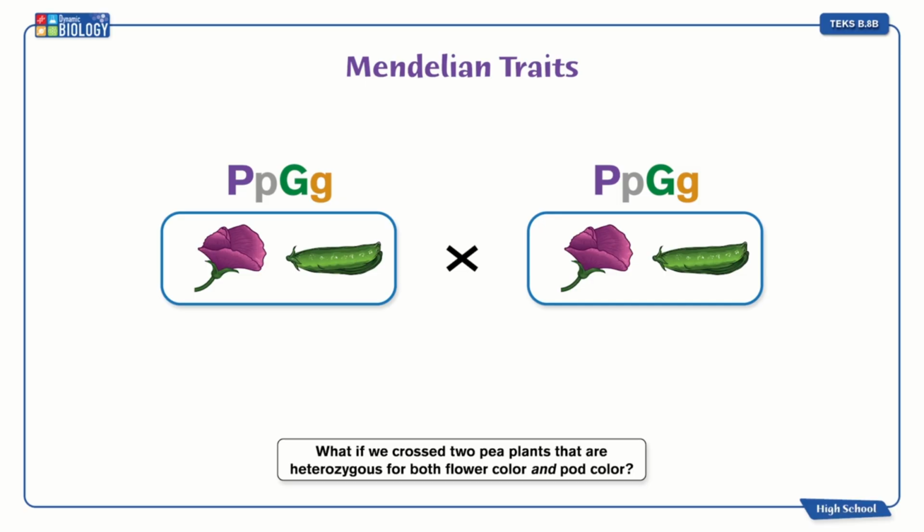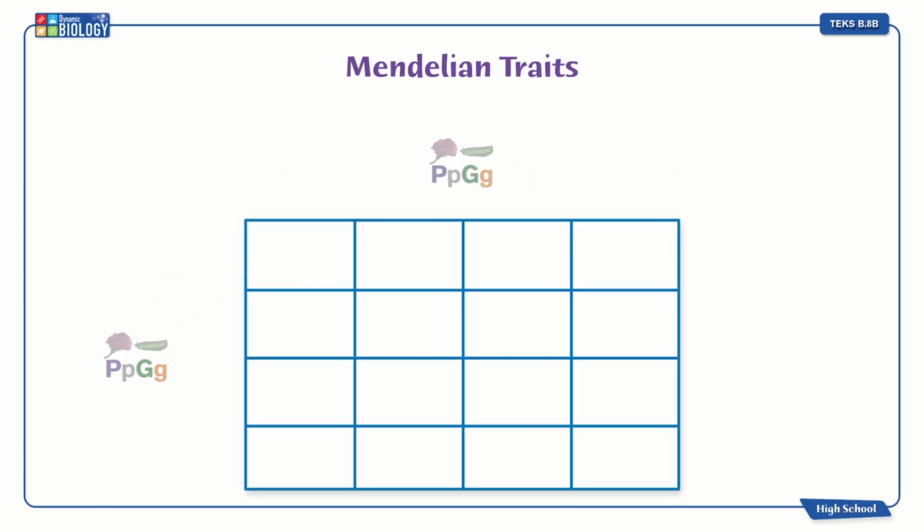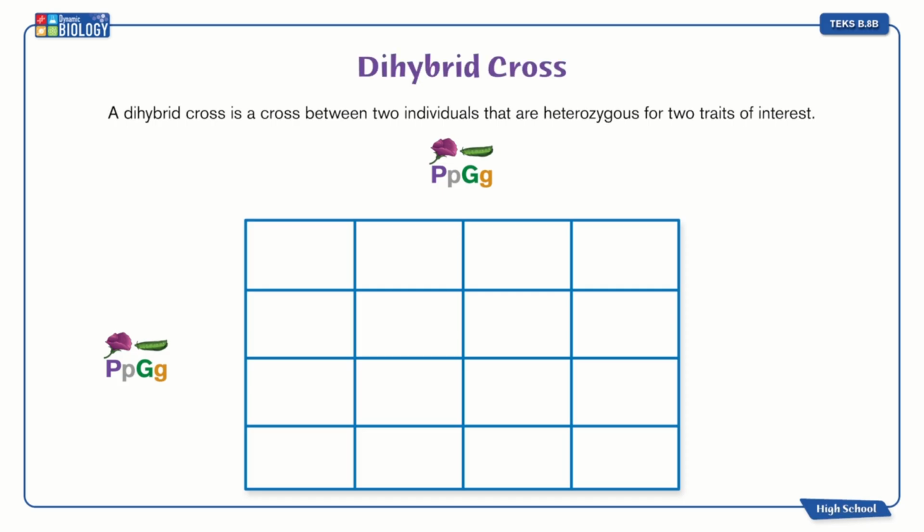To answer this question, we can use a Punnett square. In this Punnett square, we will be modeling a cross between two individuals that are heterozygous for two different traits. This is known as a dihybrid cross. To make a Punnett square for a dihybrid cross, start with a 4x4 grid.